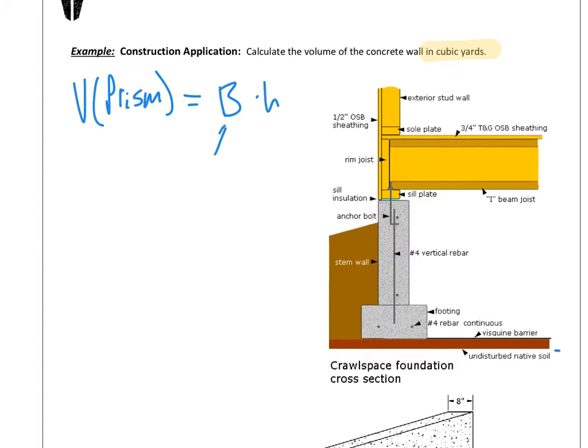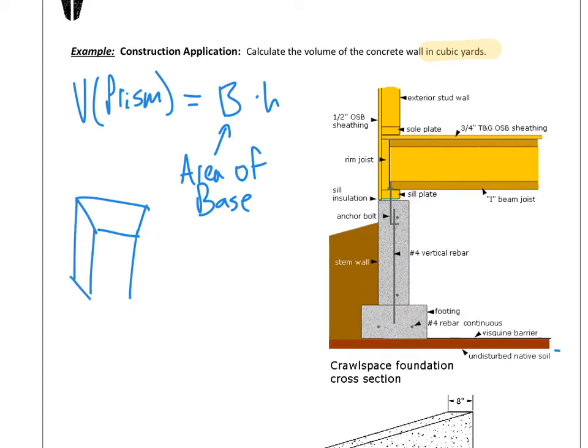So big B is area of the base. Now a prism is any object that has a polygon base or face, and then another polygon face that is identical.